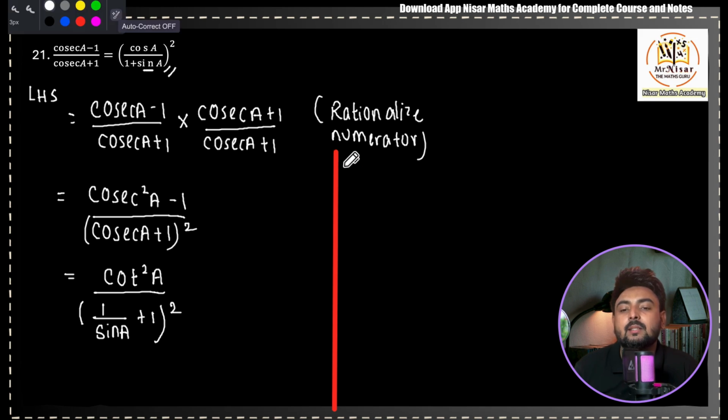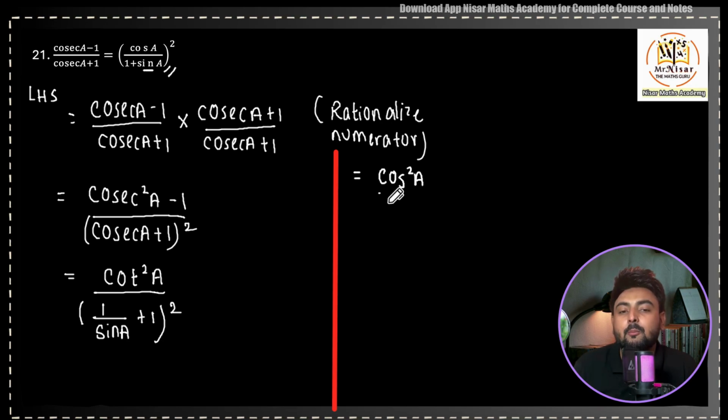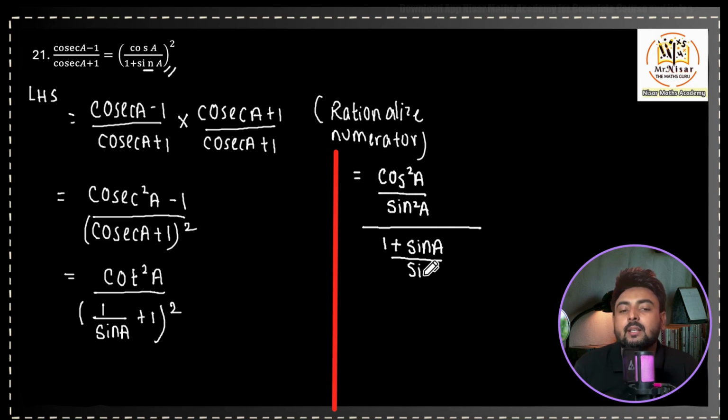So the next step I'll say here, it will be cot. Now children, what should be the next step? Convert it into cos and sine. So cot square will be cos square A upon sine square A, and downside it will be cross multiply, 1 ones are 1 plus sine A ones are sine A upon sine A. What will happen now?